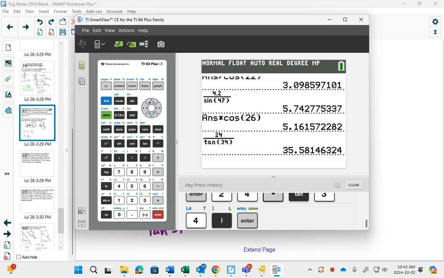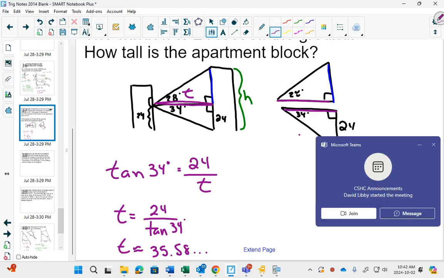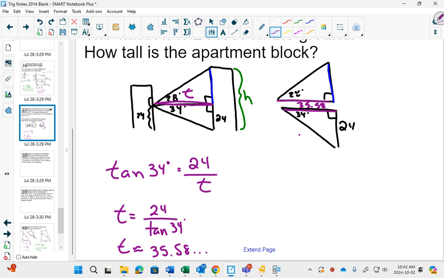I type it in my calculator, 35.58. I'll keep all those decimal places. Because now I know this side here is 35.58, and that's on both of those triangles.